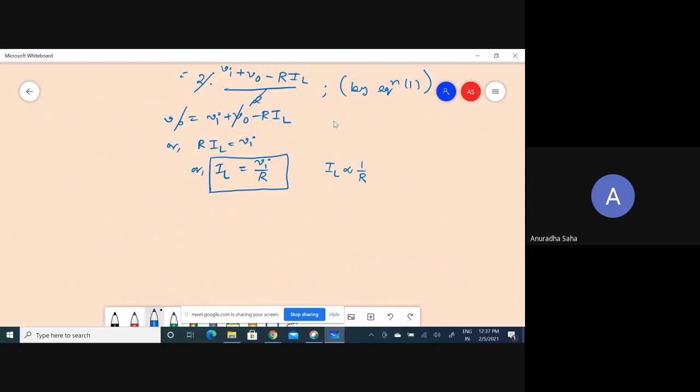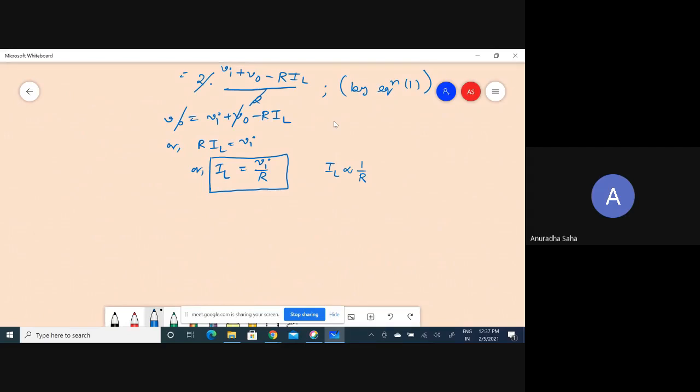That means 1 by resistance, that means the reciprocal of the resistance. That means the transconductance, and the circuit is hence known as transconductance amplifier. So that is what the voltage to current converter is all about.